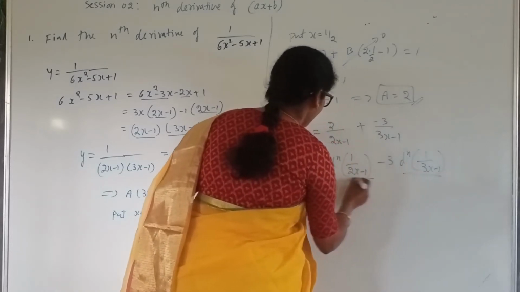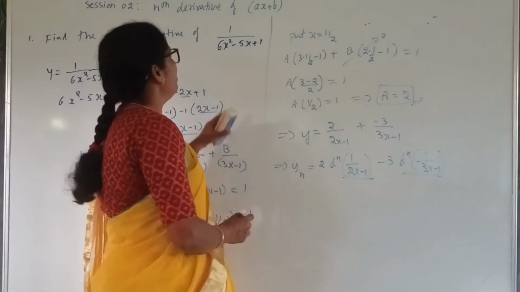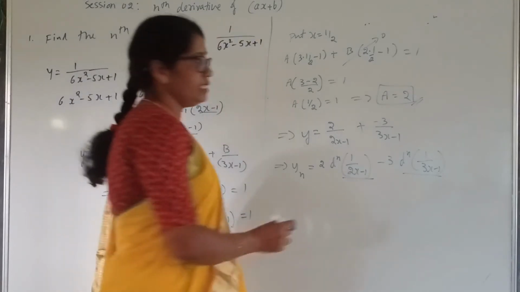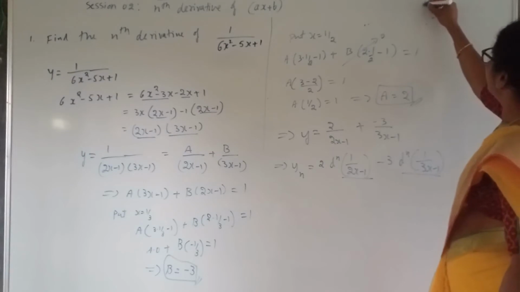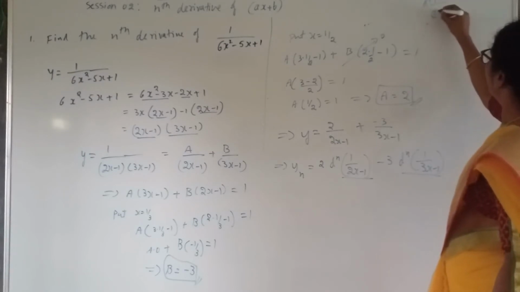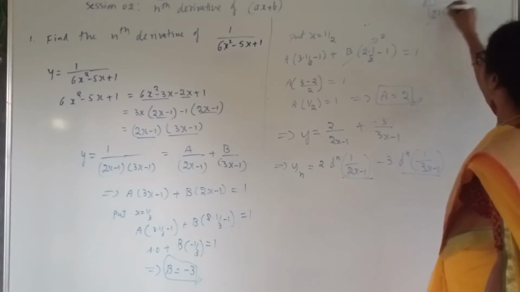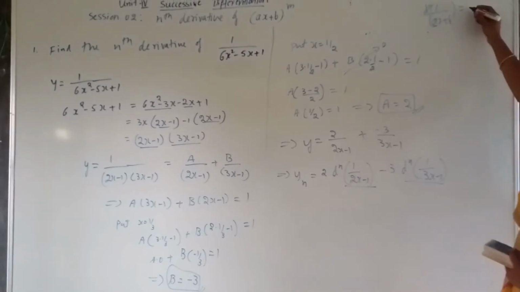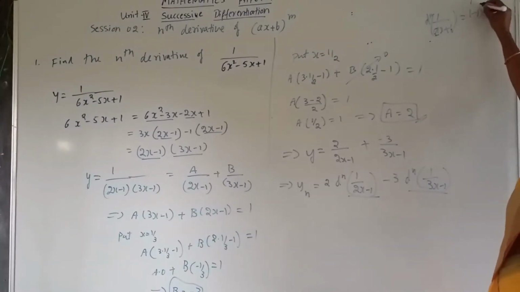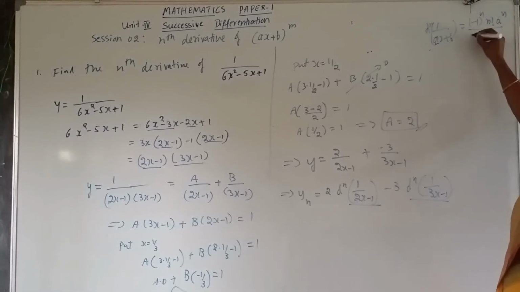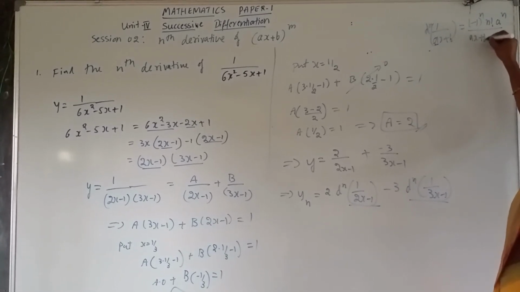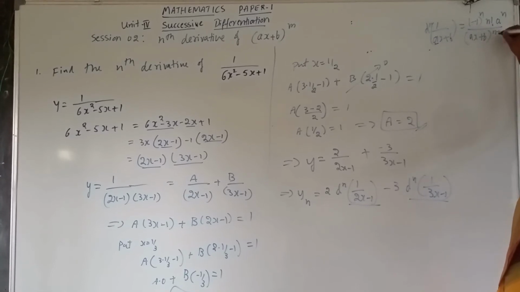Now at this stage we will make use of the formula, that is the nth derivative of 1 by ax plus b. See, this formula we have derived, that is (-1)^n factorial n a^n by (ax plus b)^(n+1).